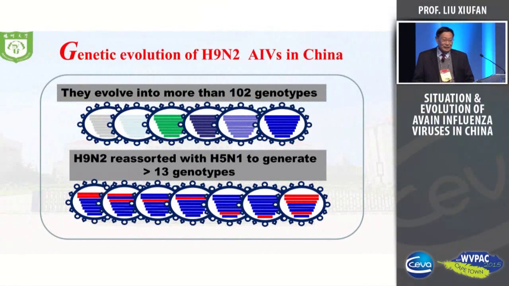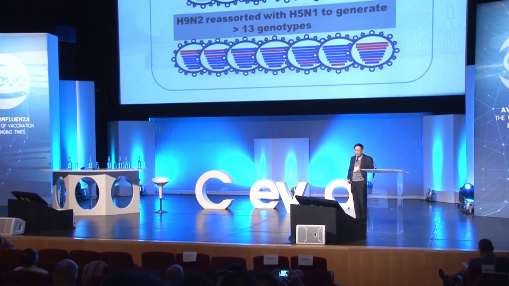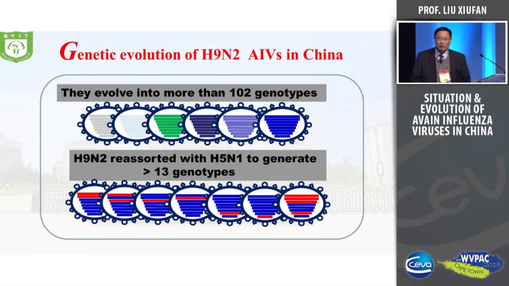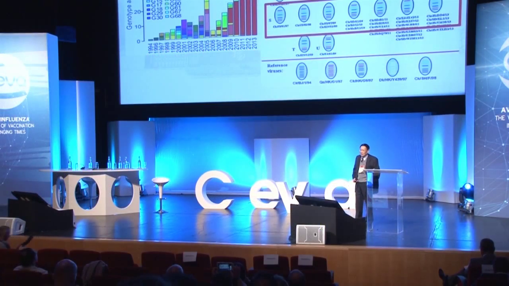Talking about the genetic evolution of H9N2 AIVs in China, these viruses evolved into more than 100 genotypes and also reassorted with H5N1 viruses to generate more than 13 genotypes. Some of the H9N2 genotypes survive for a short time, and some of them persist for several years.